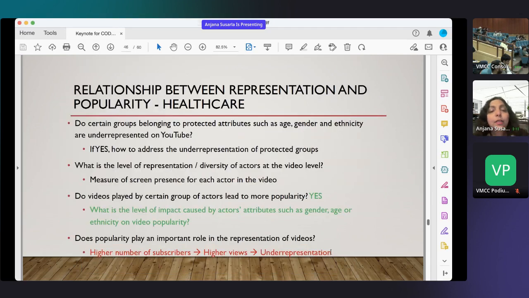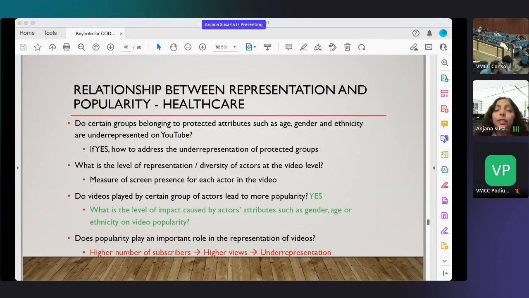So what we are trying to understand is the level of representation and diversity of actors at the video level. Do certain groups in the United States with protected attributes like race, gender, ethnicity, have an underrepresentation of certain characteristics? Do videos featuring certain groups of actors have more popularity, or is there some sort of popularity bias in the representation of videos and so forth?